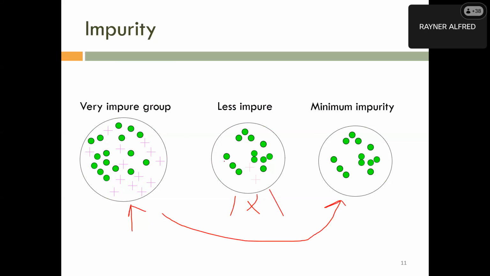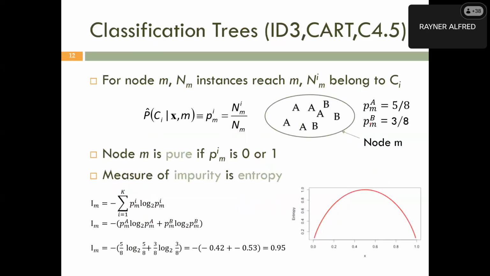So the aim is to get high purity or low impurity. Okay. So impurity refers to not pure. So what we want to have is high purity, or minimum impurity.